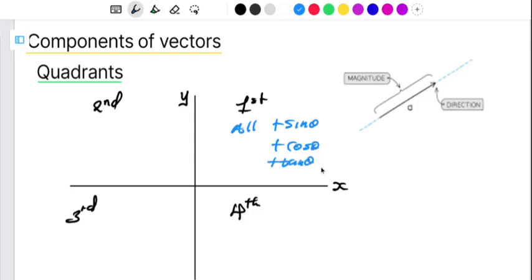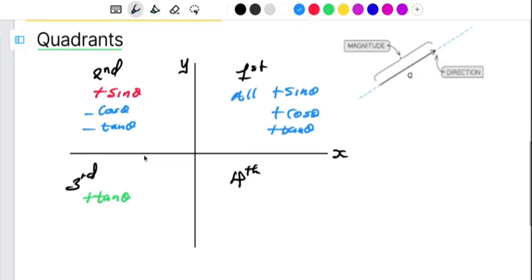But when it comes to the second quadrant, only sine is positive, the rest are negative. So here cos theta is going to be negative, tan theta is also going to be negative. Then in the third quadrant, only tan is positive, and the rest are negative. So sine is also going to be negative here, cos is also going to be negative.